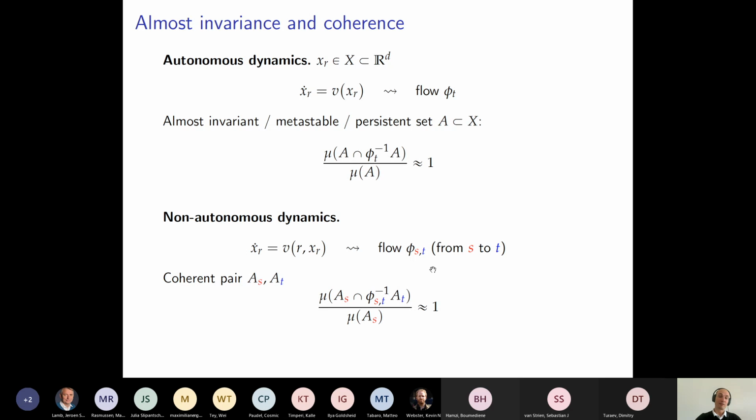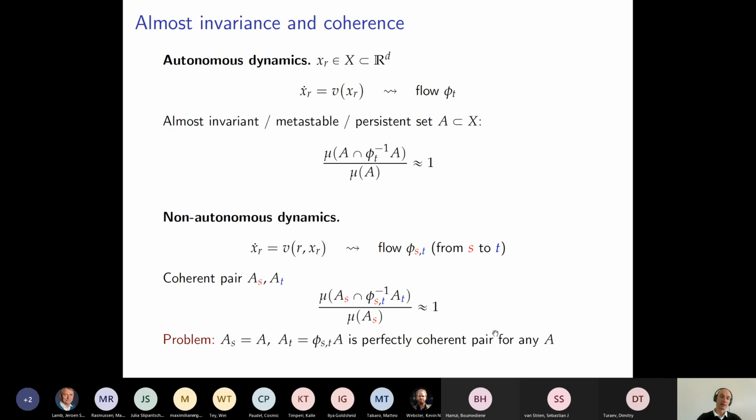If I want to define my flow, I cannot assume that things are going to stay at the same place where they started, as you have seen in the pool example at the beginning. So I say I have a coherent pair whenever I have a set A_s at starting time and another set A_t at terminal time, such that most of A_s is mapped to A_t by the flow from s to t, right? So this is this ratio.